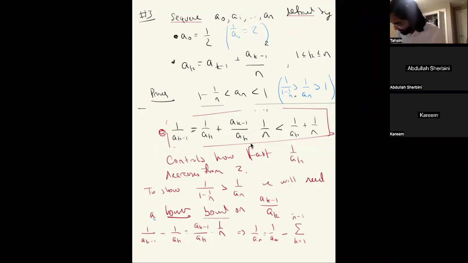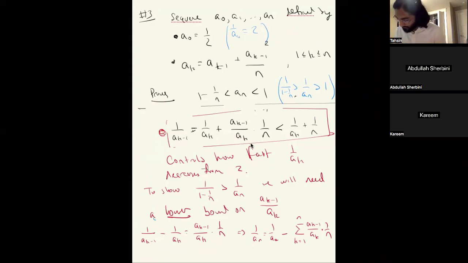No, k equals 1 to n of ak minus 1 over ak times 1 over n. Does that make sense? I'm rewriting this recurrence to write the last term in terms of the first term.